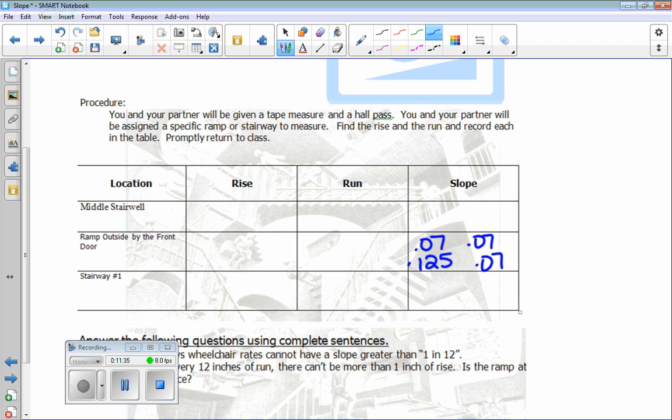Oh, well, you're part of their group, aren't you? Okay. So I think there might have been a measurement error with one group. That happens, and you had a weird tape, and I get that. That might have been part of it, where you had to double some things. But I think a good estimate for everybody, wouldn't you say, is 0.07?